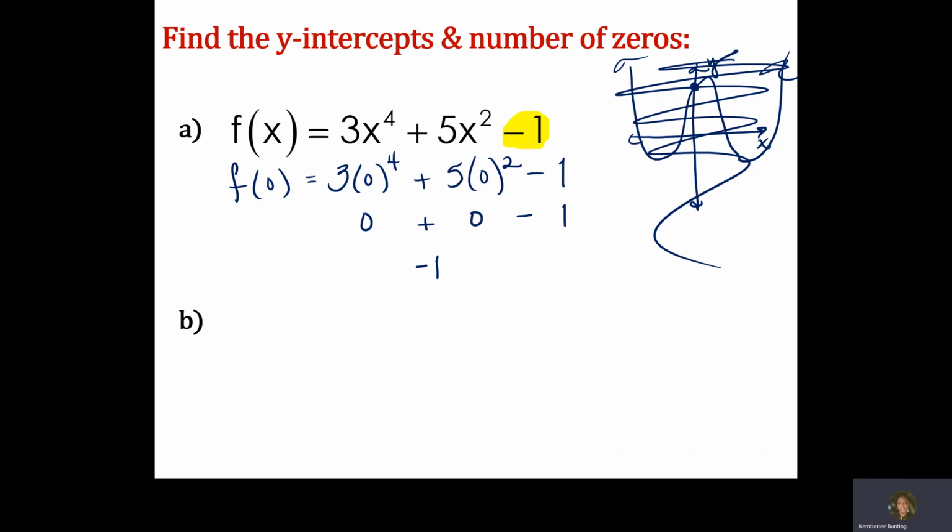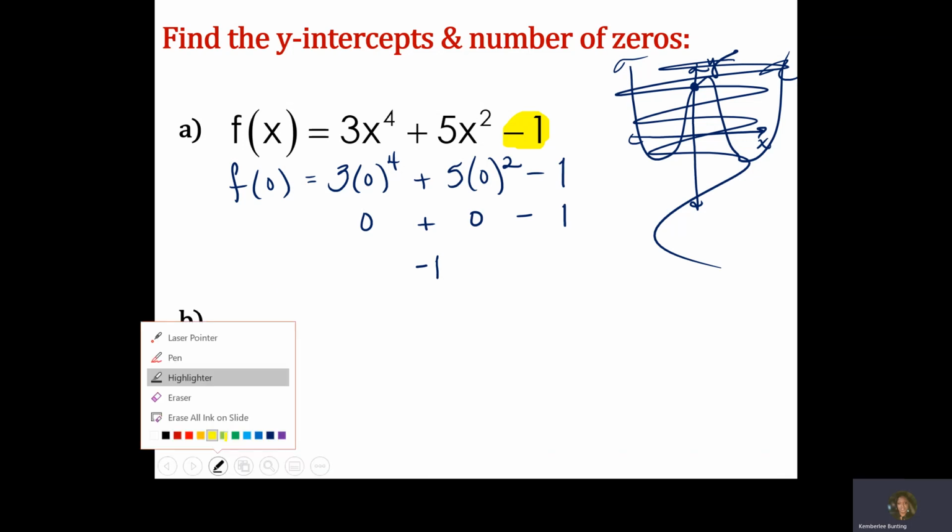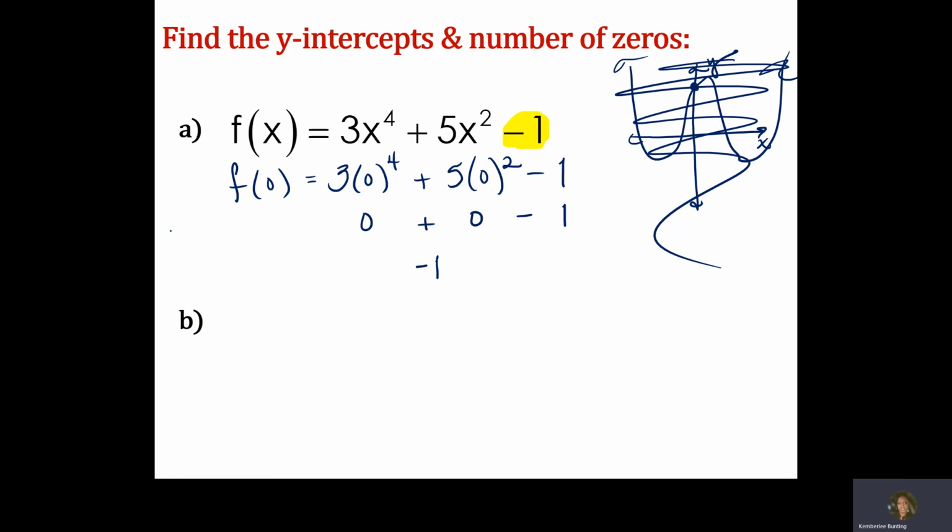Plain and simple. So let me be clear. If they're asking you for the y-intercept, the y-intercept is an actual location. You wouldn't just put -1, okay? You would put the actual point itself, okay? So what would be the point? 0, comma what? Very good.